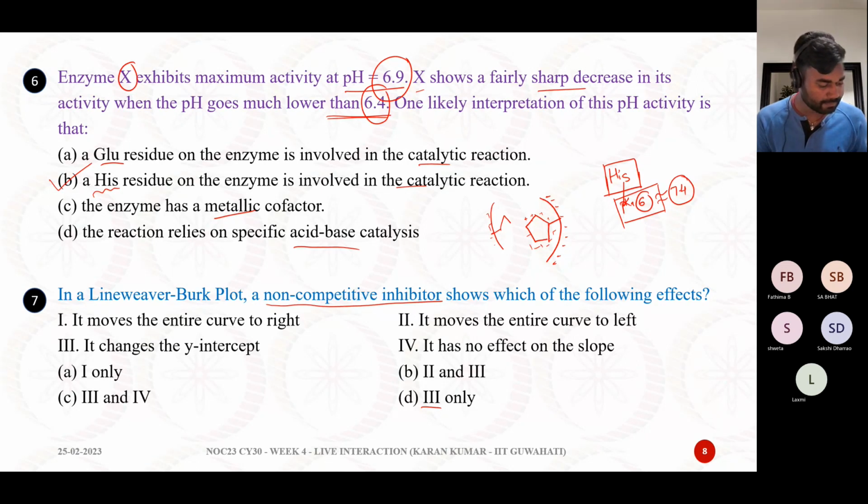Any idea? Any answer you have? Okay. Has ma'am discussed competitive inhibition and non-competitive inhibition in her lecture?